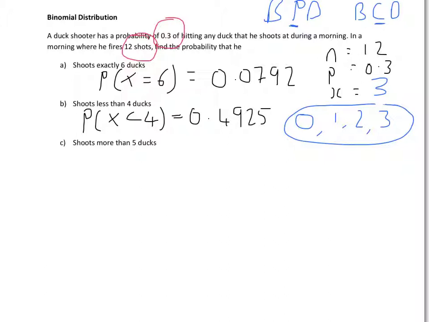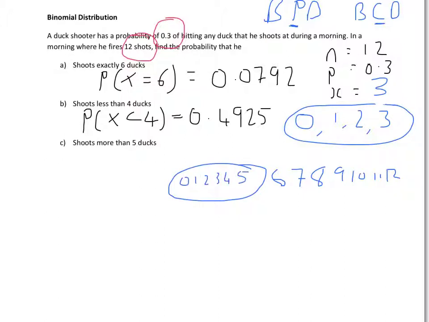Shoots more than 5 ducks. Okay, so what do we want for more than 5 ducks? Well, we could shoot 6, 7, 8, 9, 10, 11, 12. But we don't want the ones for 0, 1, 2, 3, 4, 5.